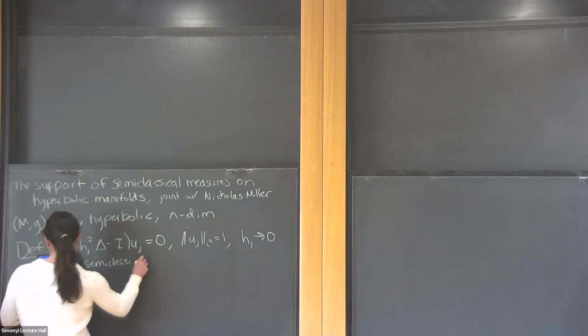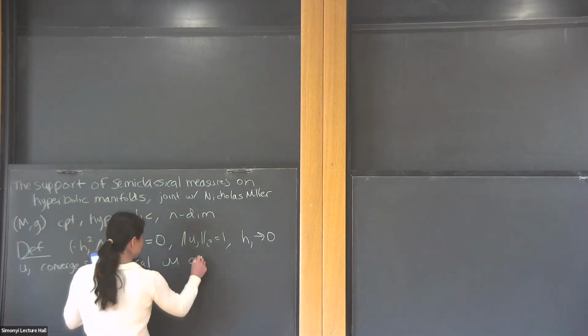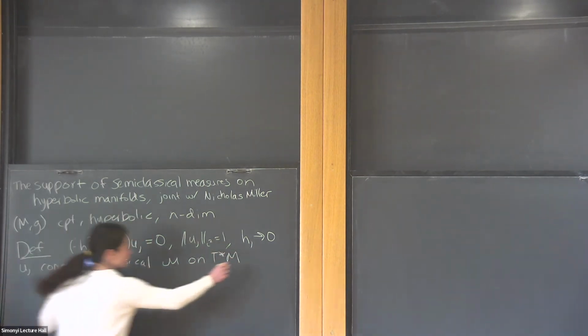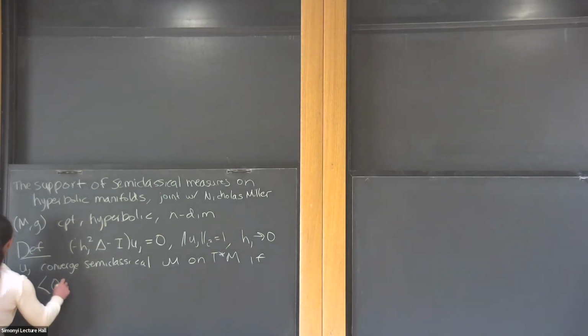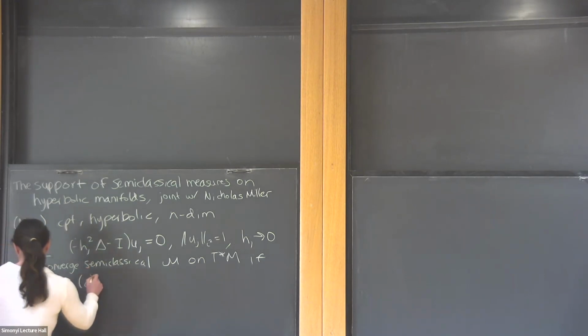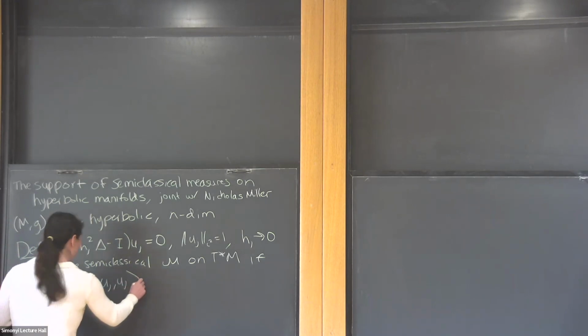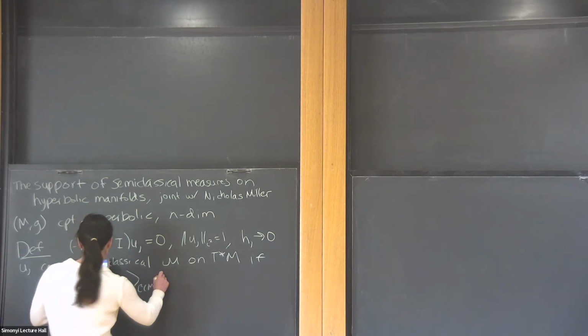Okay, and then we say that u_j converge semi-classically to some probability measure mu, which is a measure on the cotangent bundle, if the following limit holds. So this is Op_h of A. If you're unfamiliar with this notation, I'll give some intuition in a second. So we're looking at this inner product. This is the L2 inner product of our manifold.